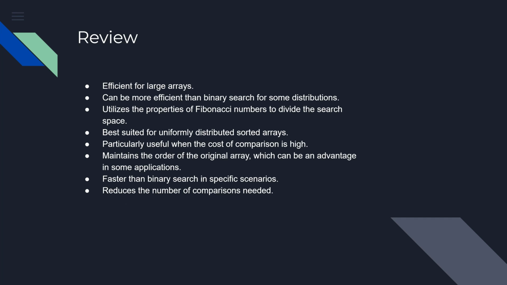It's also particularly useful when the cost of comparison is high. It also maintains the order of the original array, which can be an advantage in some applications. Another key point is that it's faster than binary search in specific scenarios. And lastly, it reduces the number of comparisons needed.